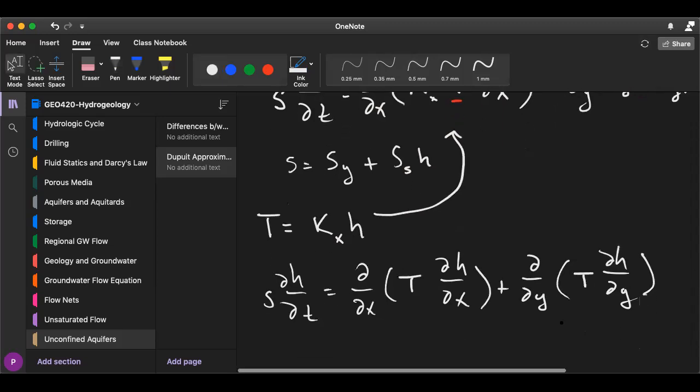Now this has the exact same form as our confined aquifer equation, except that instead of K right here, it has T, the transmissivity. And the transmissivity takes into account both the hydraulic conductivity and the thickness.